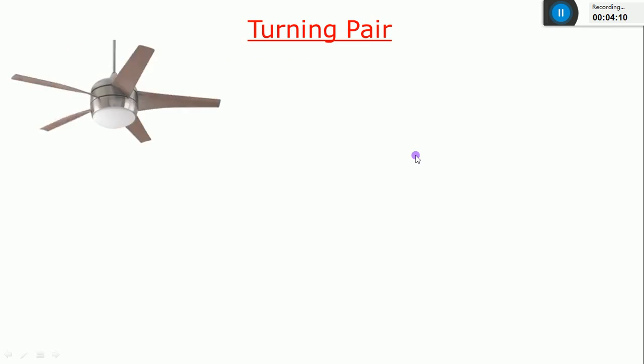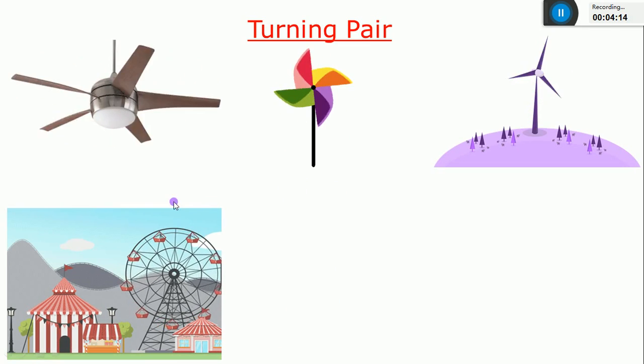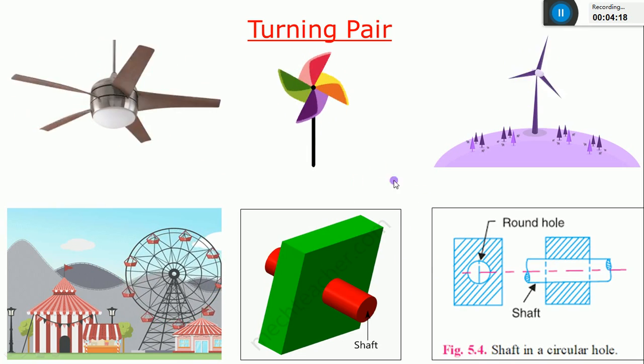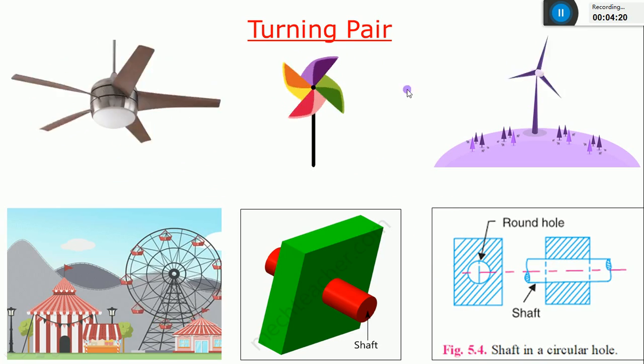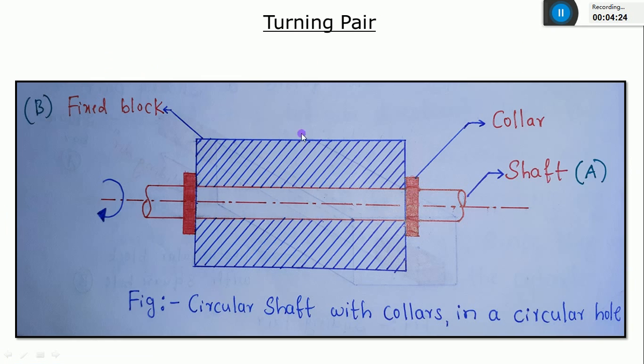Then we have gone through the turning pair, where the relative motion between two links is in the form of a rotary motion. All these are examples of a turning pair, and specifically I have taken a block having a circular hole, and inside that hole there is a circular shaft.